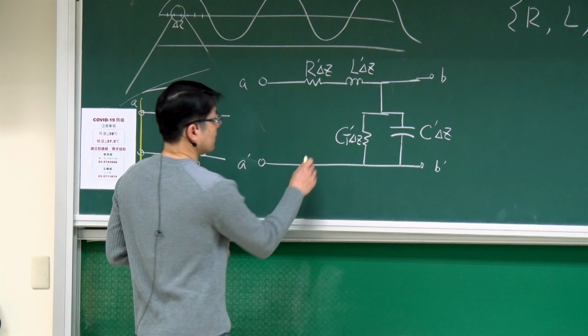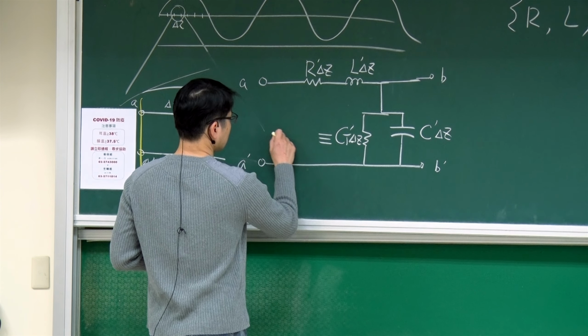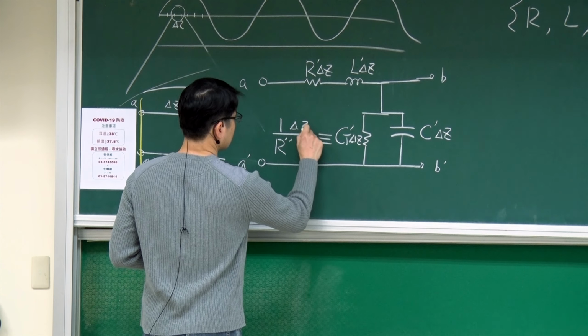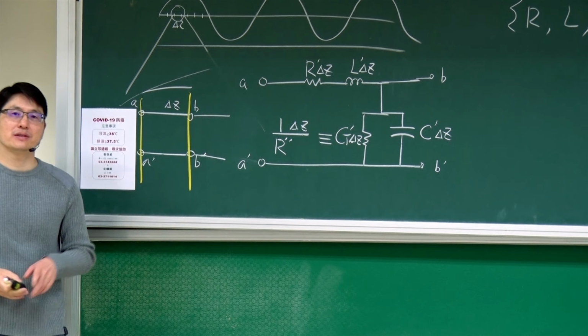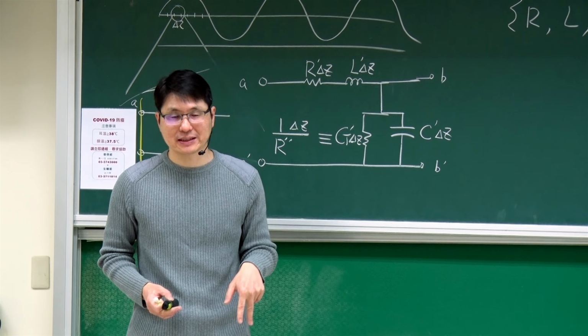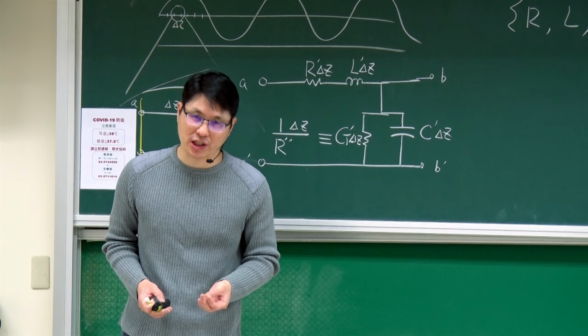So this G is equivalent to 1 over R double prime. The inverse of the resistance is called conductance. It's viewed as a leakage current.